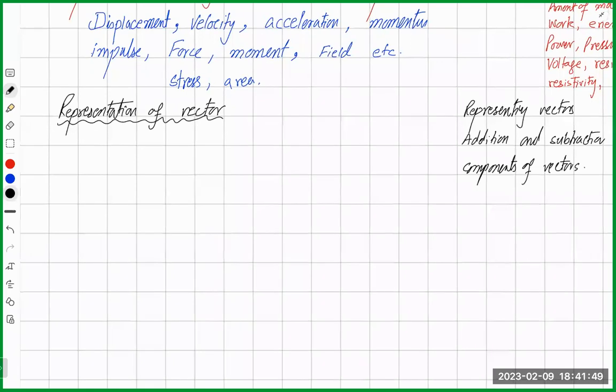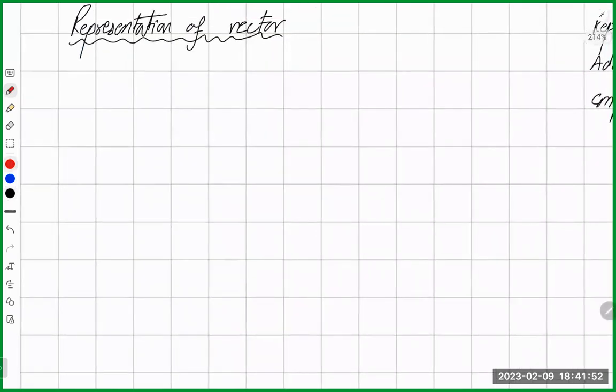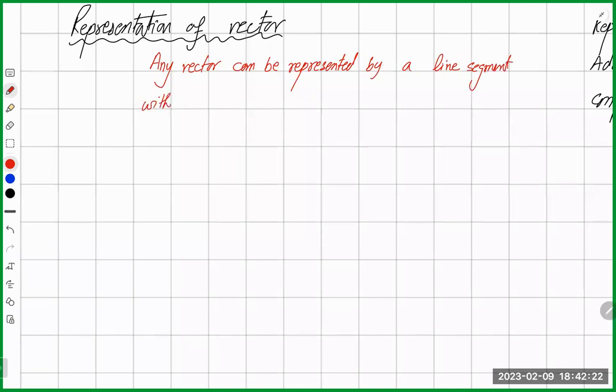Okay. So representation of vector is: any vector can be represented by a line segment with an arrowhead on one end.